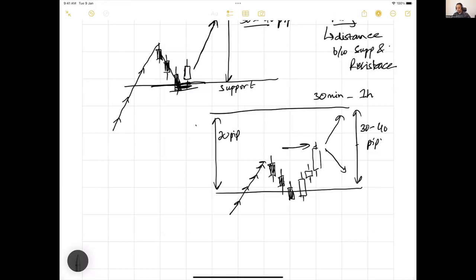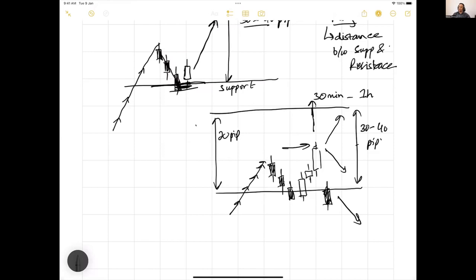Now automatically you're going to say, okay, this is a 20 pip range, so I'm not going to mess around with it. I'm just going to wait for price to either break out of this range to the downside and see if I can take a sell, or wait for price to break up out of this range and see if I can take a buy for price to continue pushing up. It's that simple.